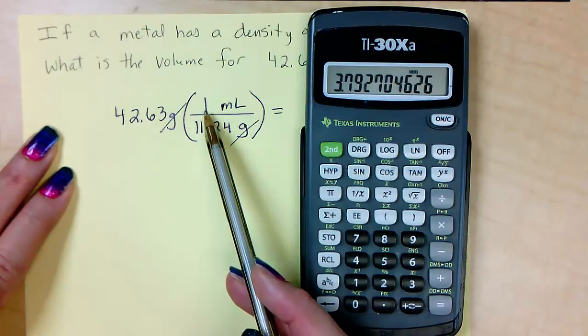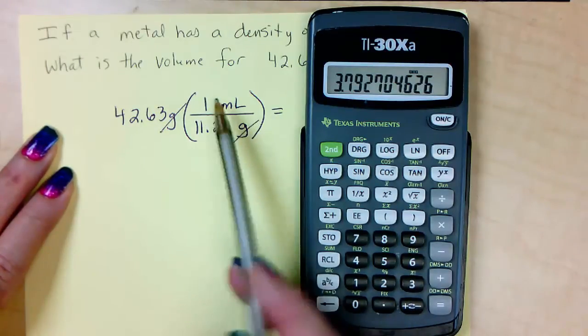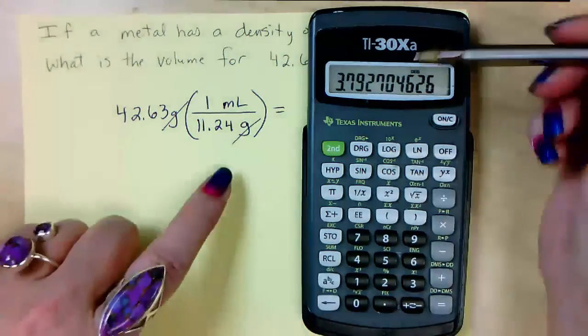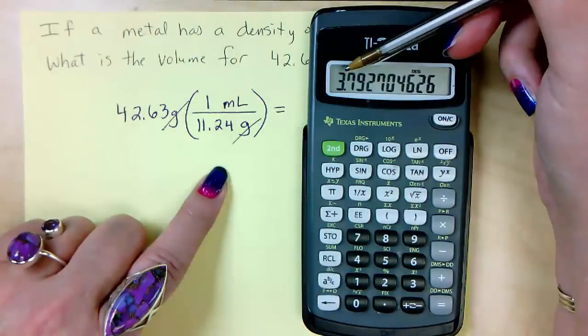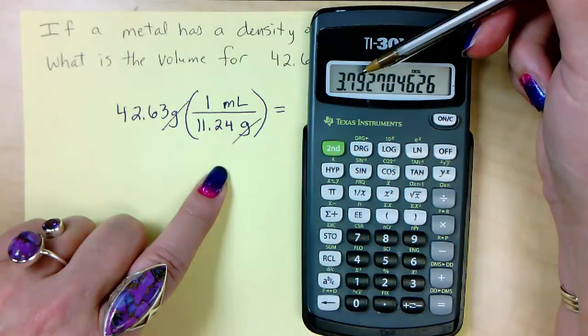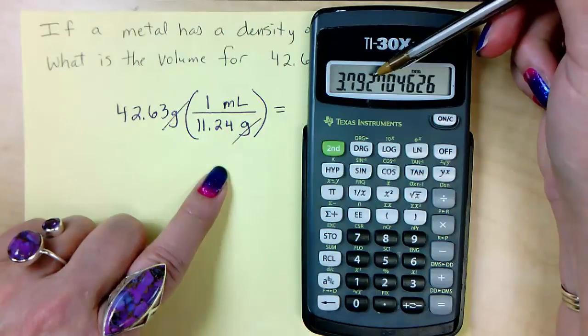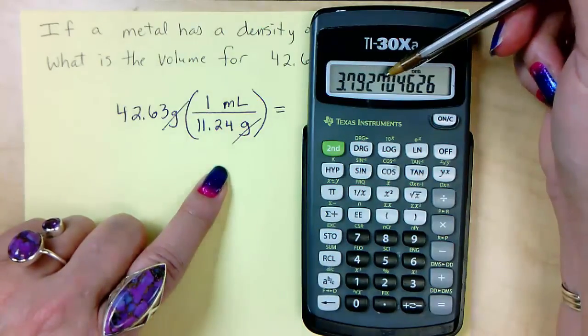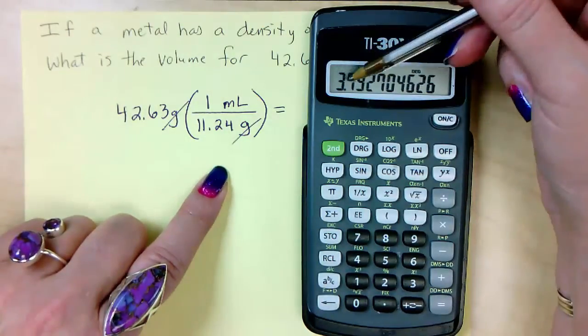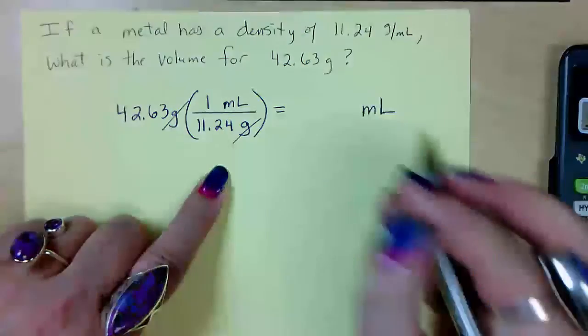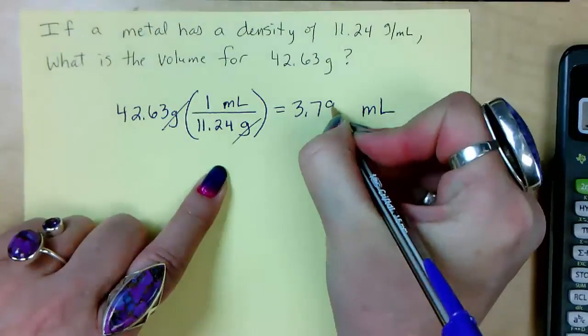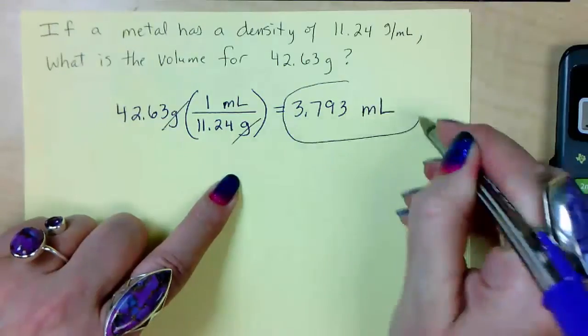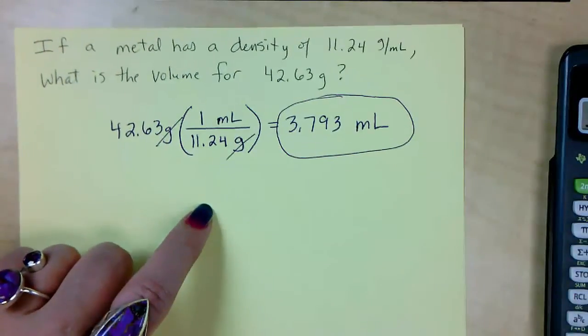This 1 is an exact number. That doesn't count. So we have 4 and 4, so we need 4. That is 3.79. That 2 is going to round up to a 3 because of the 7 next to it. So 3.793 milliliters. Final answer with 4 sig figs.